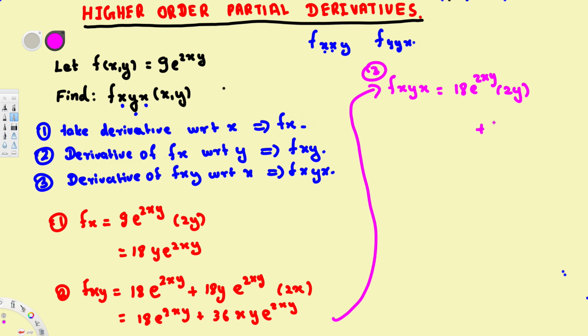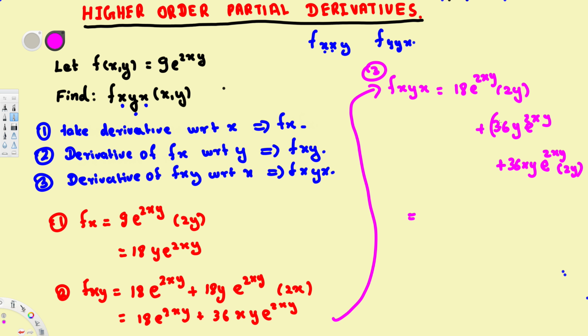So this is going to be 36y and e power 2xy, plus, and then in the next step we keep the first one as it is, that's going to be 36xy, and we find the derivative of this one, that's going to be e power 2xy. Since we are finding the derivative with respect to x, y is going to be constant, so we just multiply this one by 2y, and that's going to be the derivative of this one. And let's simplify this one.